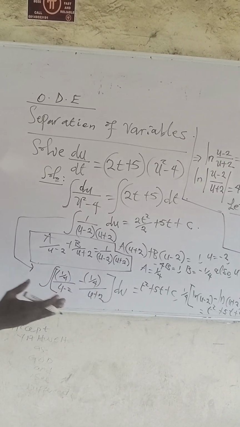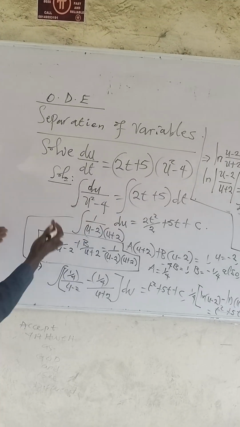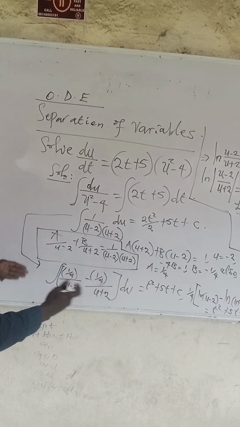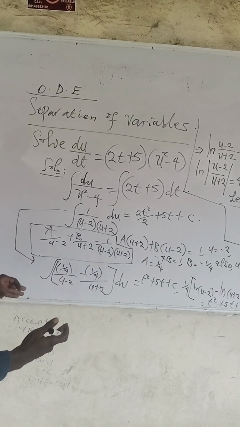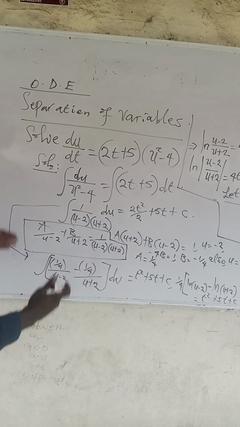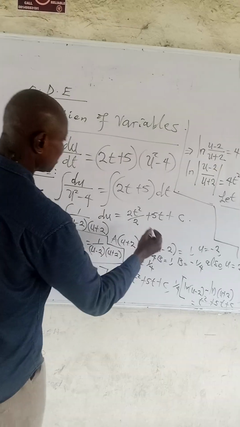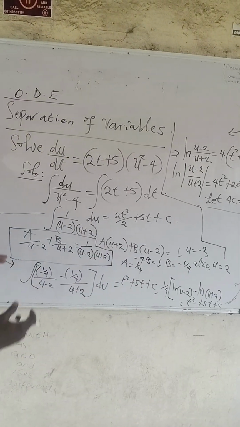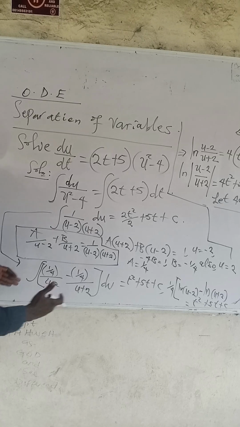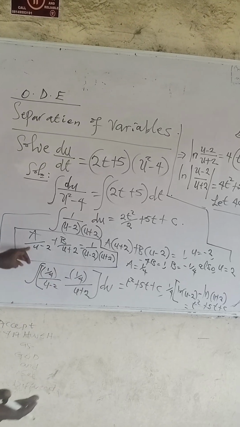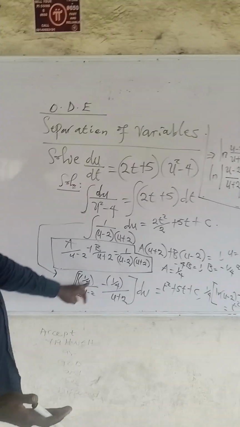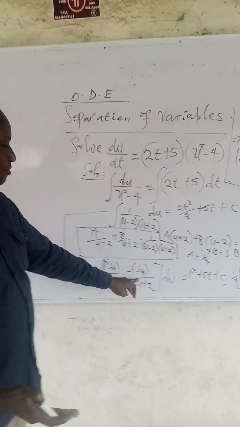Like I have just told you, we gather the variables. After that, we introduce the integral sign. Then subsequently, we go into the application of partial fractions. The partial fraction helps to break down the denominator so you can easily integrate. After the breakdown, A is 1 over 4, B is minus 1 over 4.